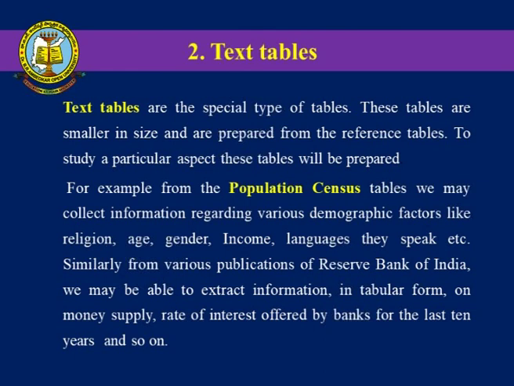In the population census, generally they ask for information like religion, age, gender, income, languages they speak, etc. Similarly, from various publications of the Reserve Bank of India, we may also extract information in tabular form on money supply, rate of interest offered by banks for the last 10 years and so on.